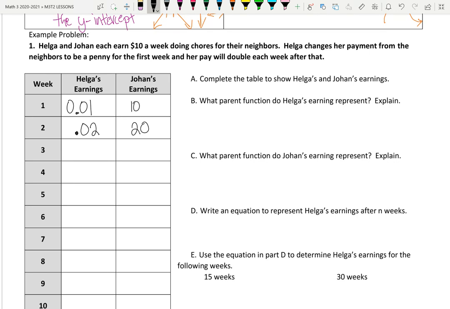Next week, he makes another $10. It's consistent. Here, this is going to be 4 cents.